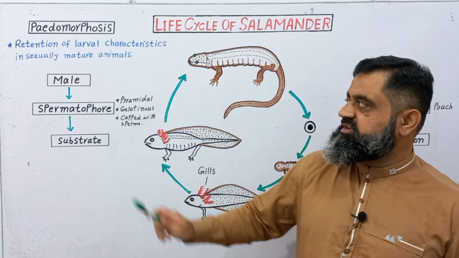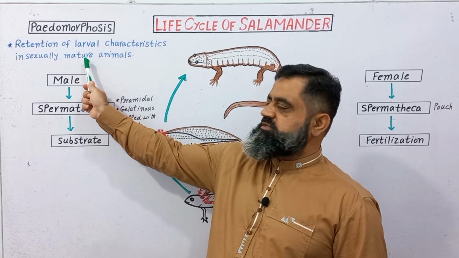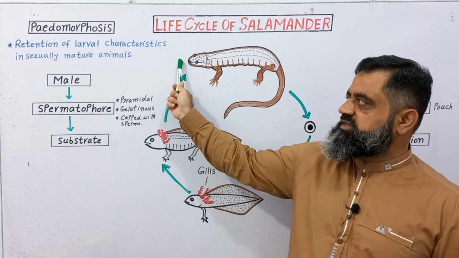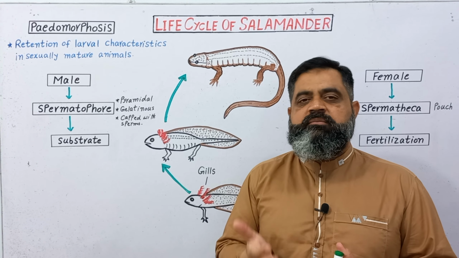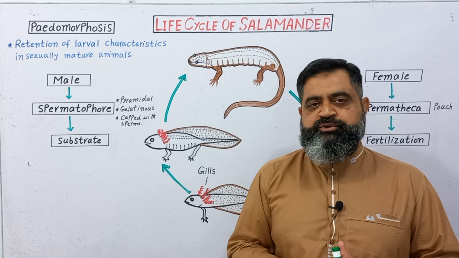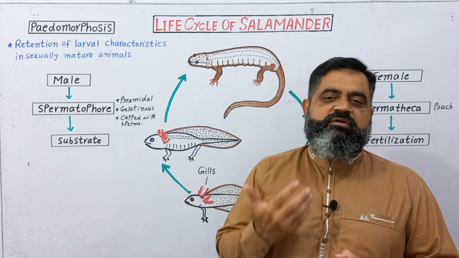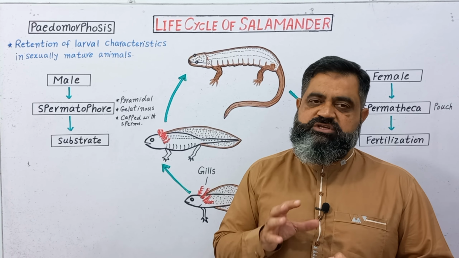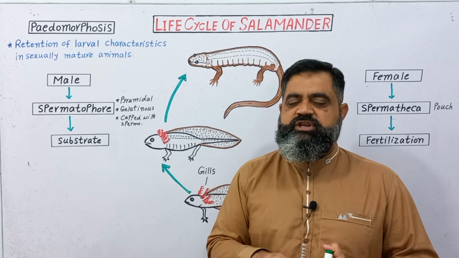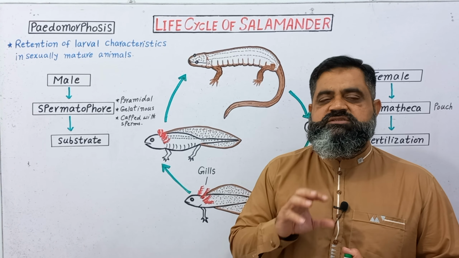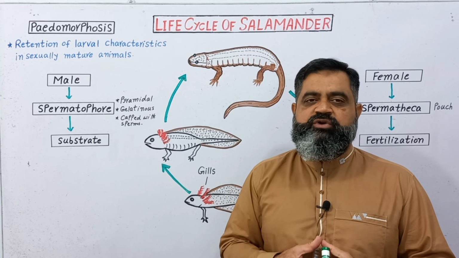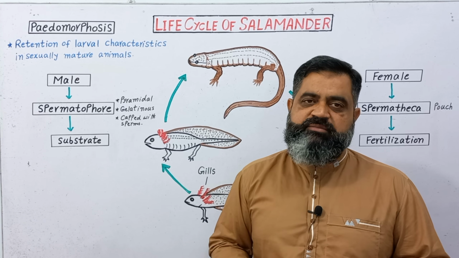So by definition, pedomorphosis is the retention of larval characteristics in a sexually mature animal. Though they are not adult, they have the ability to reproduce sexually. So this kind of condition is known as neoteny, and pedomorphosis, also known as pedogenesis. This condition is mostly found in some species of salamander.